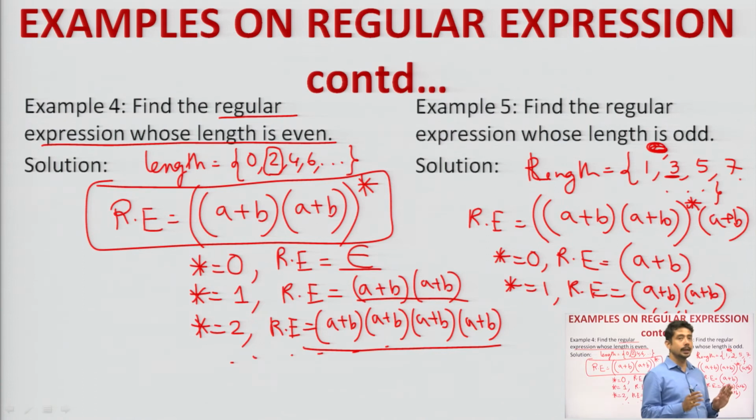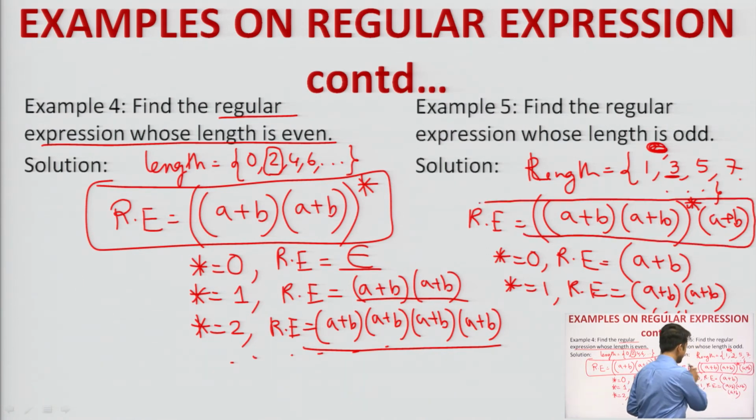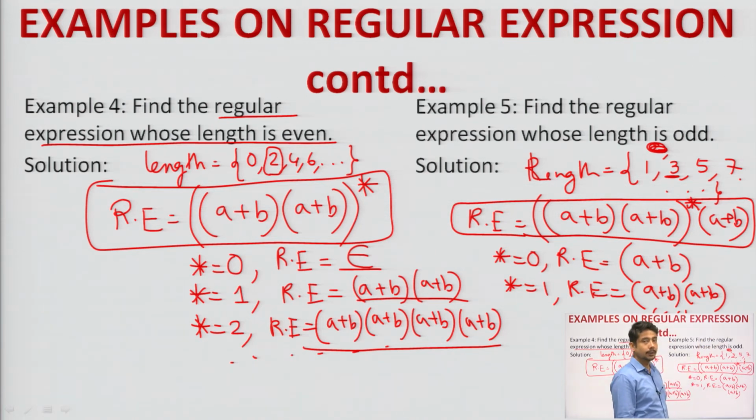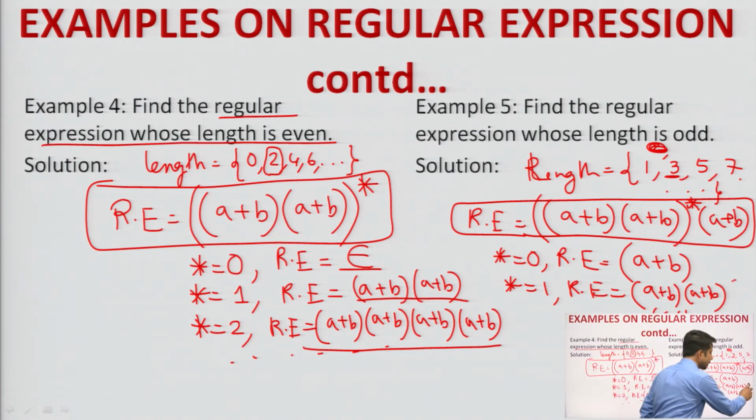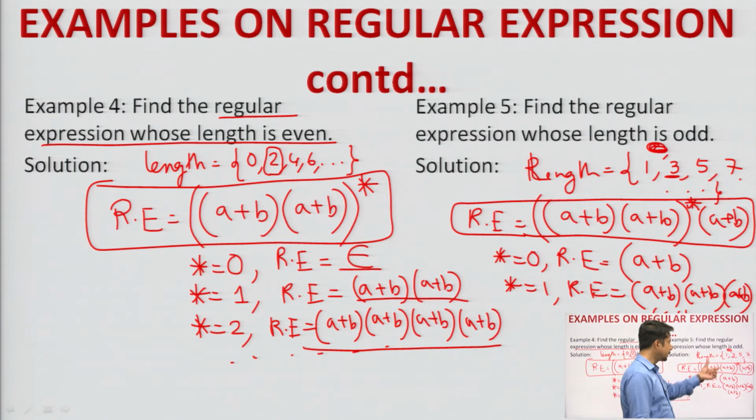Therefore, what we can say is that if we have understood this particular concept, then we will be able to find the regular expression for the length which should be odd. That is perfectly fine. So, if you understood this particular concept of length equals 2, then you will be able to relate this particular concept. Okay.